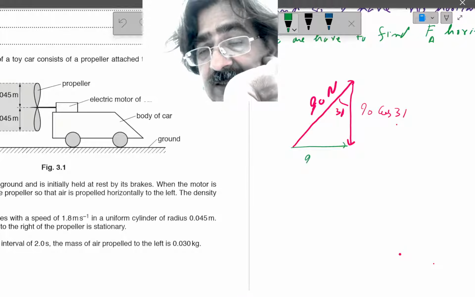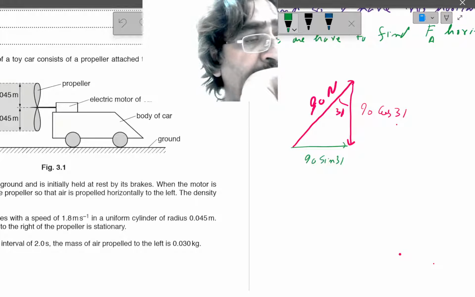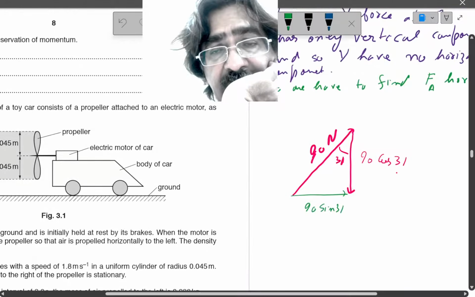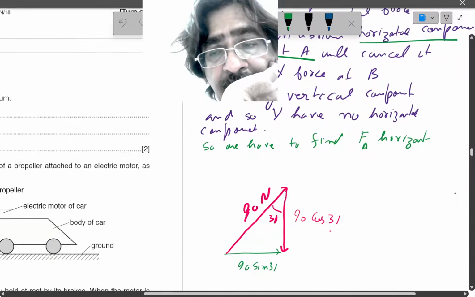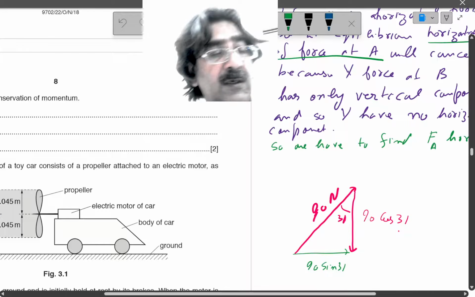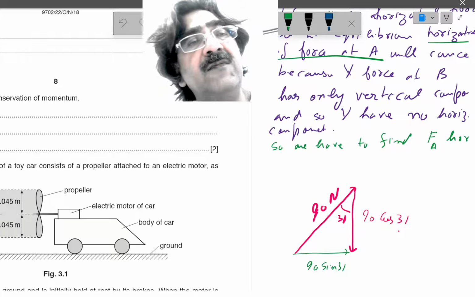The horizontal component is 90 sine 31. So only the horizontal component will be considered, that will be 90 sine 31.